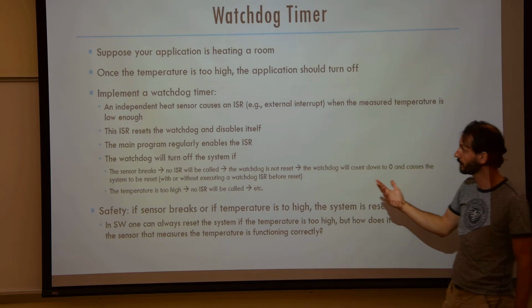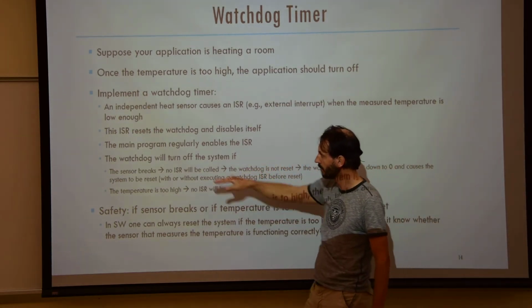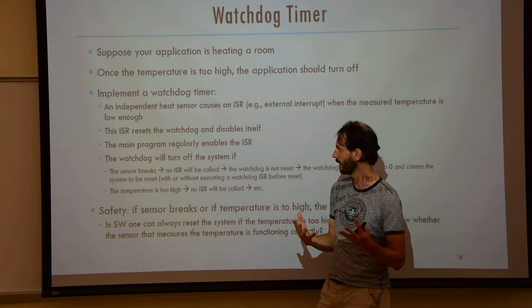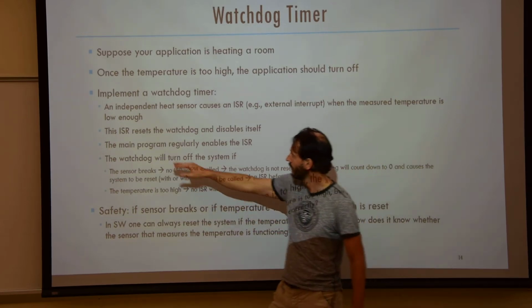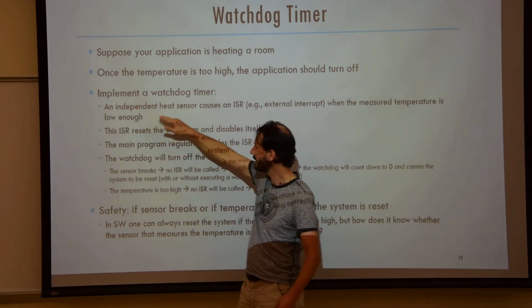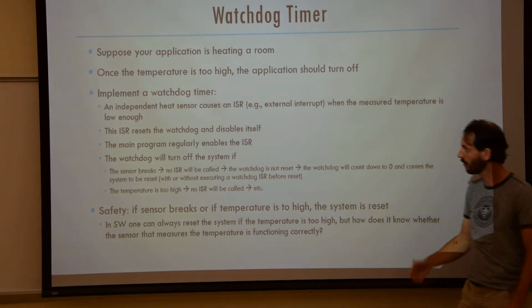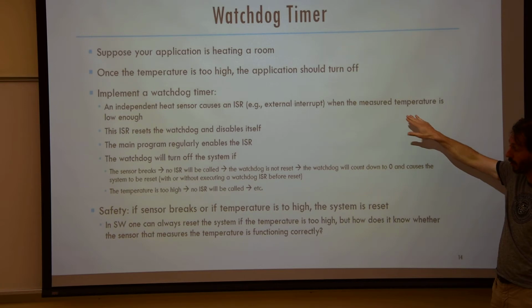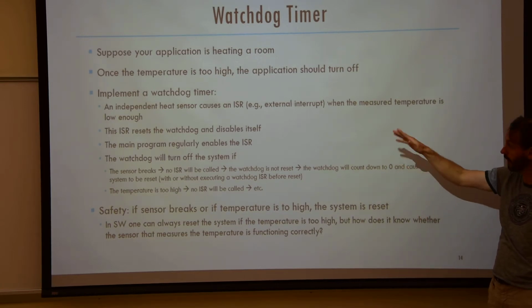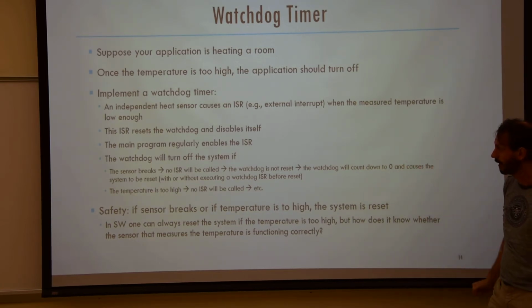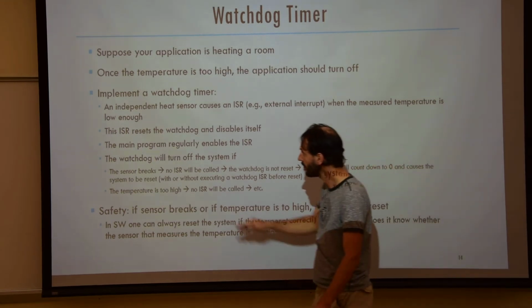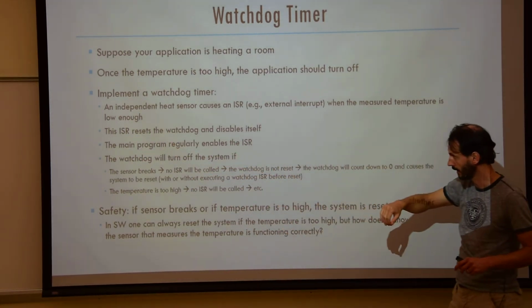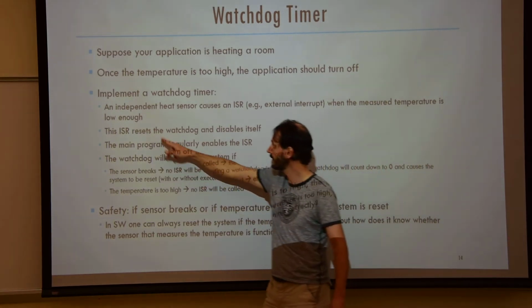So what you could do is implement a watchdog timer. There are a bunch of components that you pull together in order to make this work. The first is, let's say you have some independent heat sensor, and it causes an ISR when the measured temperature is low enough. So the contrary to high enough: low enough. Now, if that particular ISR is called, then it's going to reset the watchdog.